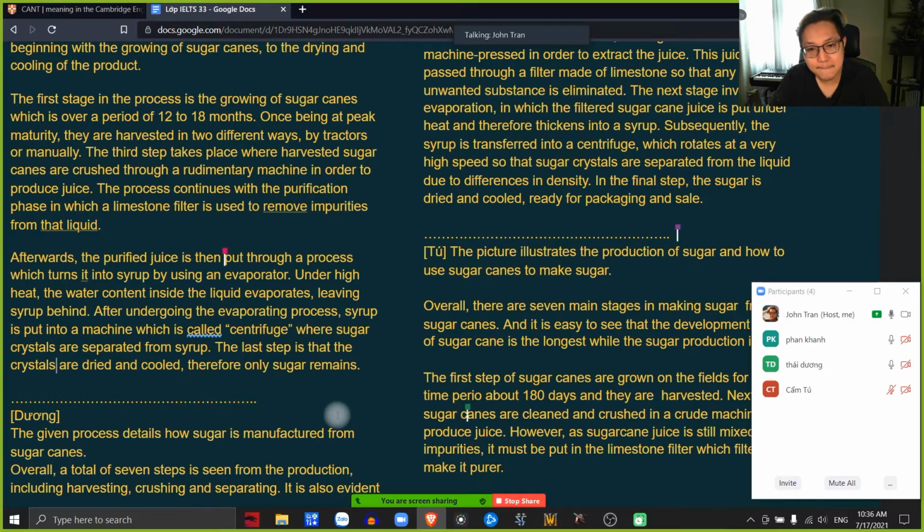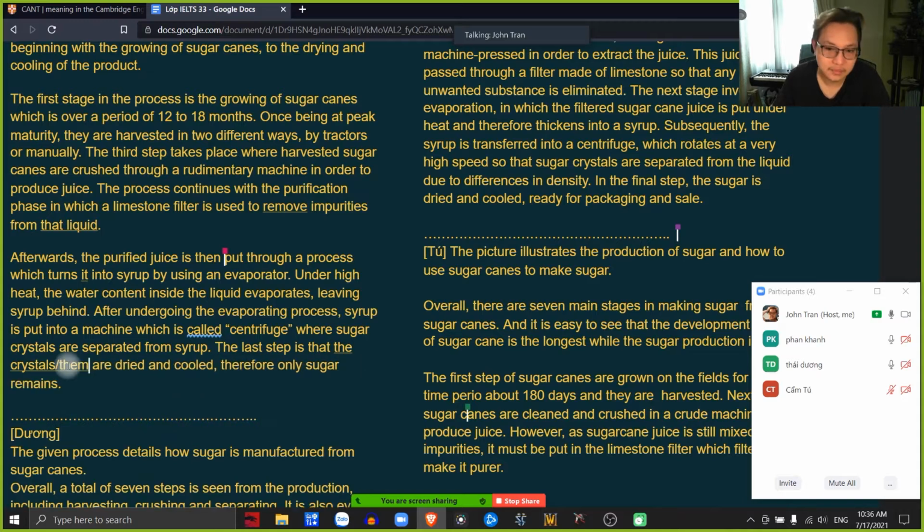Is that you can also use here it to refer. Okay, sorry, them. Just use them to refer back to the word crystals. Because this is plural, cái này là số nhiều này, cho nên dùng them để thay thế cho nó được. No problem.